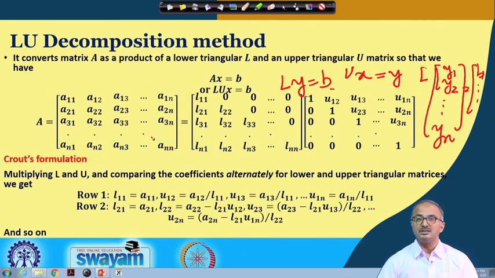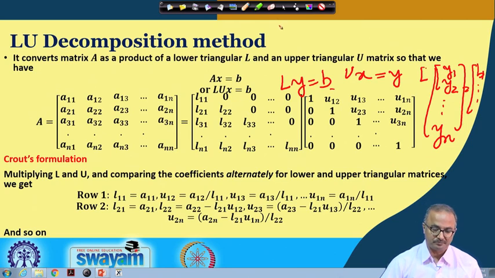Okay, but in this case we are able to circumvent that kind of problem. So this L and U will remain the same. Only thing is, if B changes, the y value will change, and if the y value changes, the x value will change. So in case of y, you go from y1, y2, y3 up to yn, and in case of x, you go from xn, xn minus 1, xn minus 2 to x1.